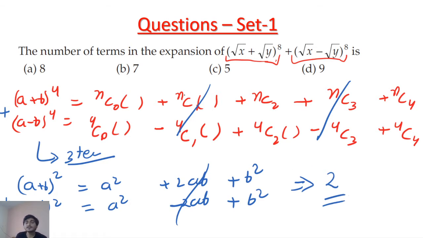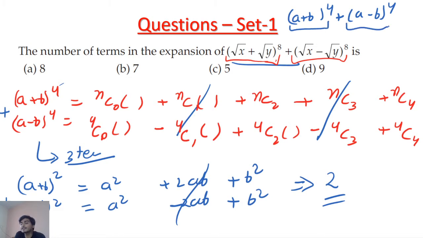So you can observe that if it is addition, like if you have (a + b)^4 + (a - b)^4, then the number of terms in any expansion, this expansion will have 5, and this expansion will also have 5, right? But the second term, fourth term, like that, all the even terms will get cancelled. So in that case the total terms are 5, so (5 + 1)/2.